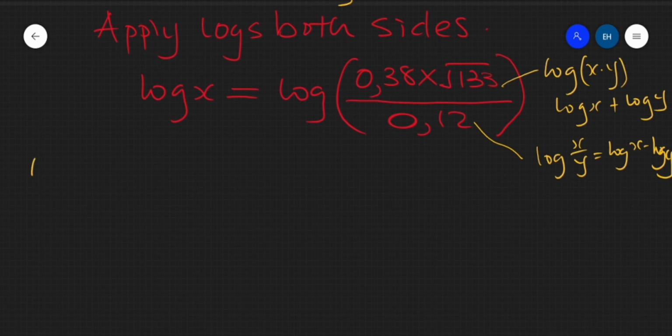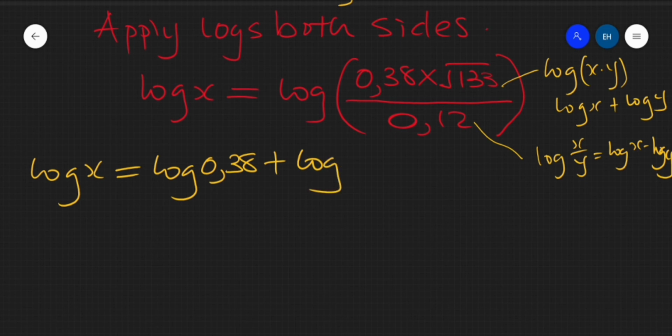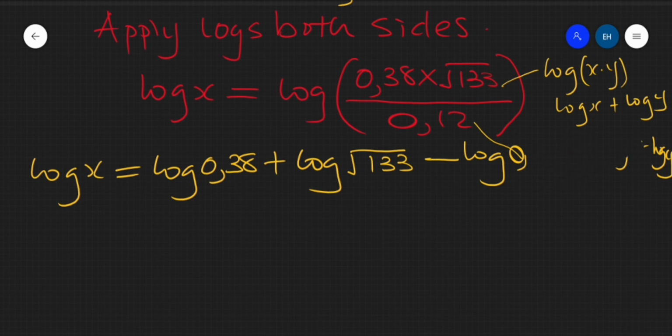So we simplify it in that log x will be equal to log 0.38 plus log square root of 133, and then minus, because this is dividing, log 0.12.